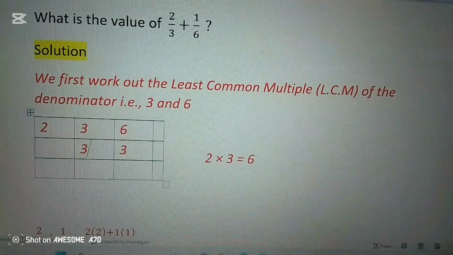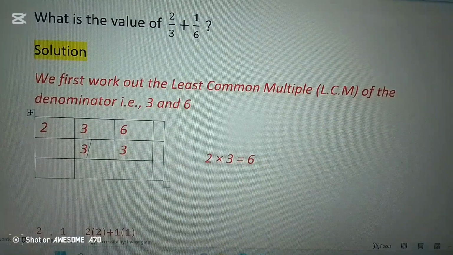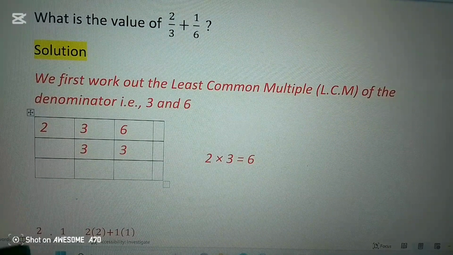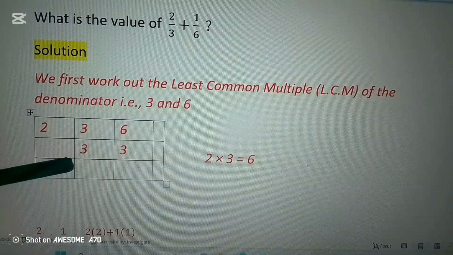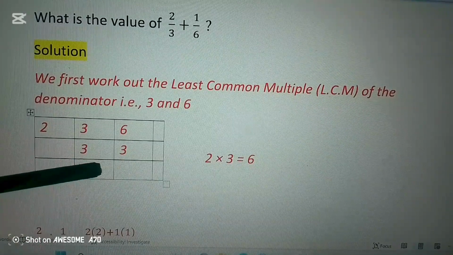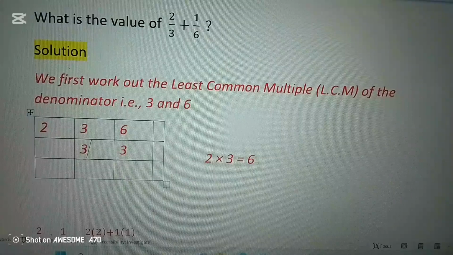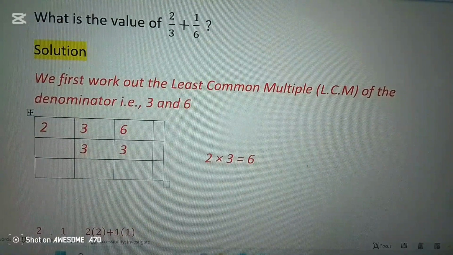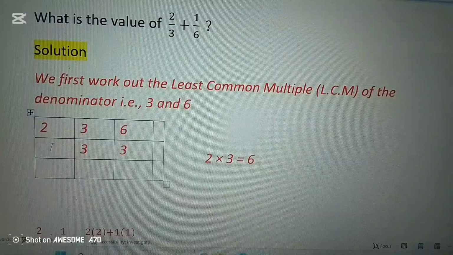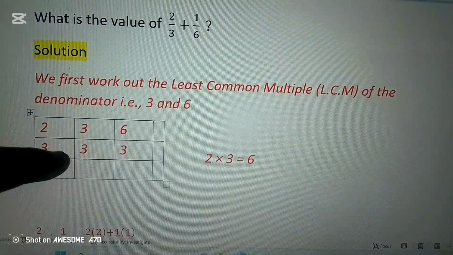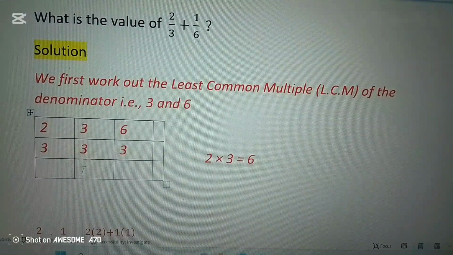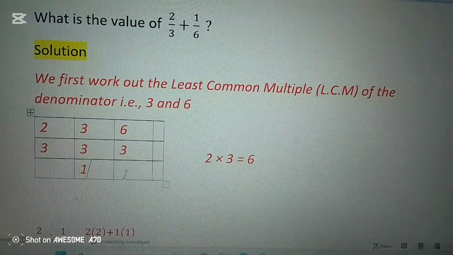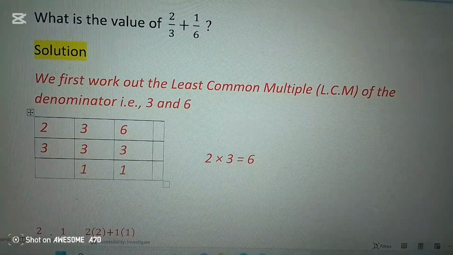Let's look at the next one, 3. 3 is the best one. 3 into 3 goes once, and 3 into the other 3 goes once.